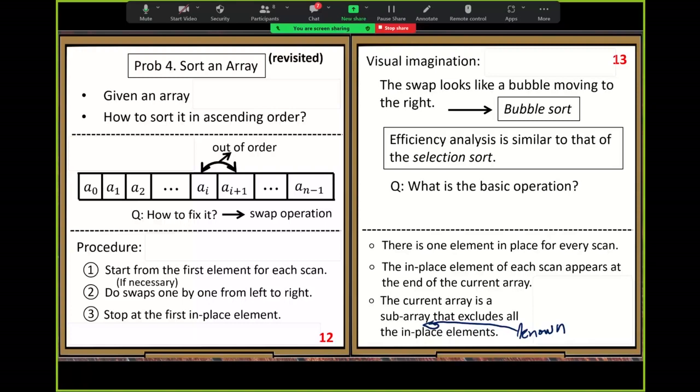If the swap number is 0, that means it's already ordered, so don't do the next scan. As soon as you see the number of swaps equals 0, you already have it sorted, so you can stop. That's the improved version. You can improve slightly.